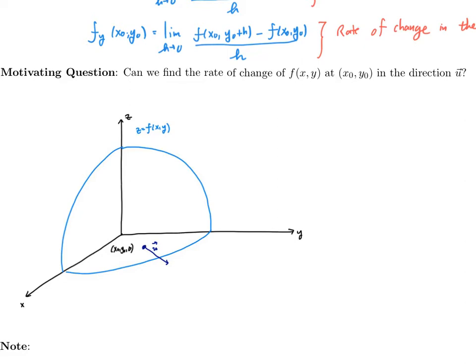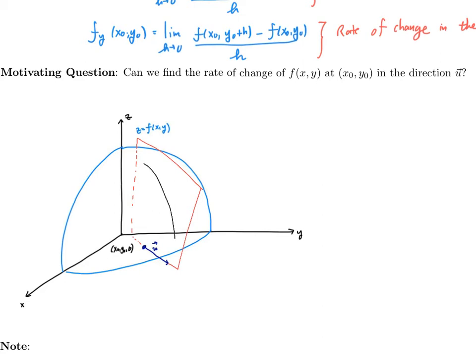So I'm going to think of this plane going through the vector u, and we're going to see where that plane cuts our surface. And it looks as though by inspection that it's going to cut our surface kind of along a nice curved line.